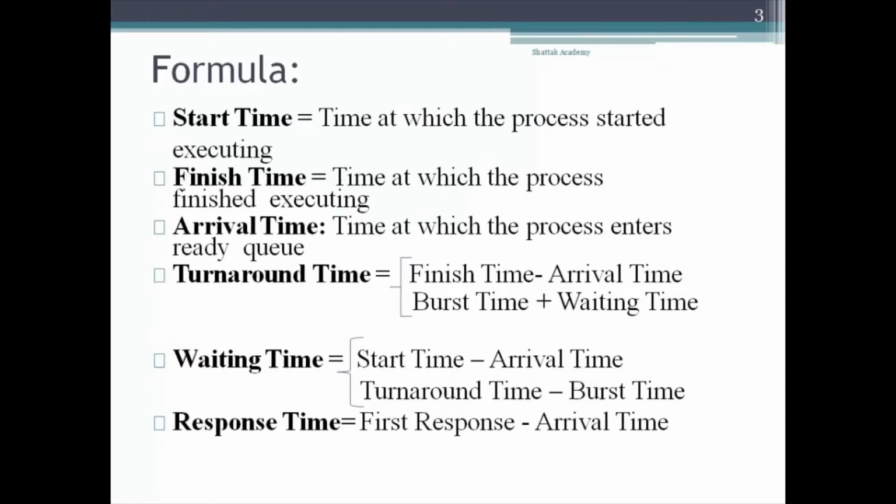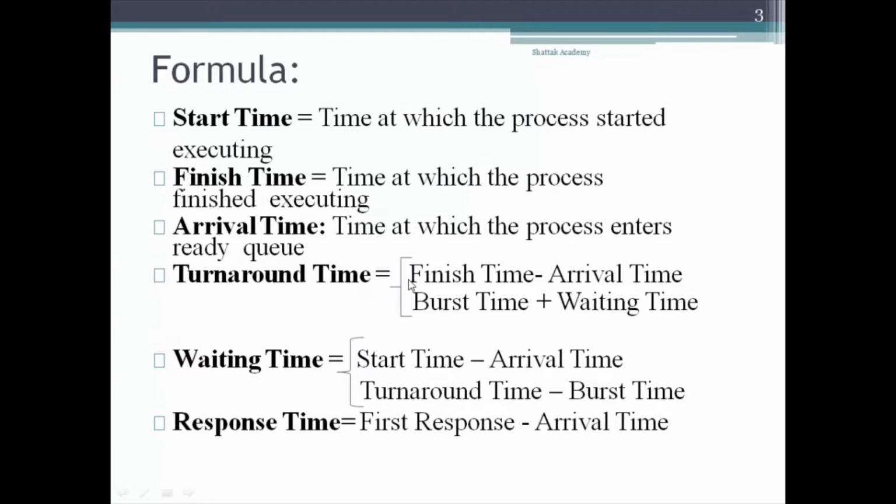So turnaround time is the total duration of this. Turnaround time is equal to burst time plus waiting time. It can also be written as finish time minus arrival time. These are the two formulas, but we are going to use burst time plus waiting time because it is easy to use and easy to understand.